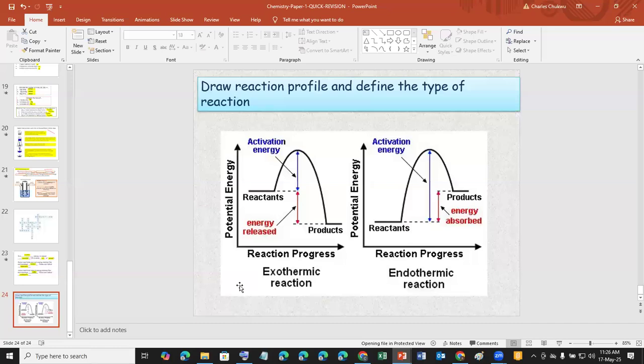Now, I don't know if you can pick out something from what I just said. Even by me telling you the heat of a reaction, I can tell whether that reaction was exothermic or endothermic. The reason I'm taking pains to explain it like this is so that even if you forget which one is which, you can quickly remember: exo is outside, endo is inside. Exo means heat is released to the outer surroundings.